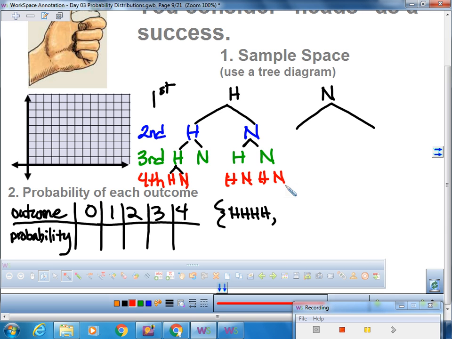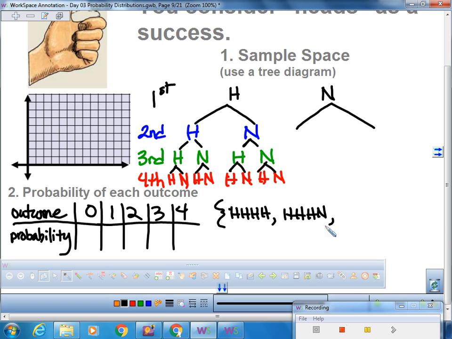Is that all of them? Let's make sure. This one gets two different options, this one gets two different options, this one gets two different options. So I actually have all these different options. I did all the heads. And then I did head, head, head, no head.